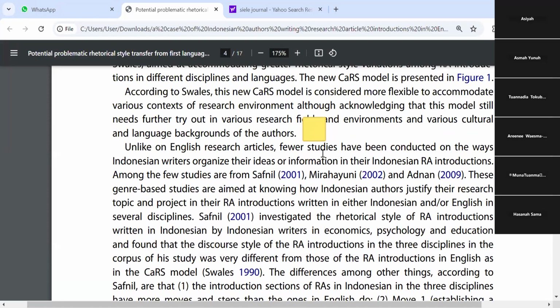Unlike in English literature articles, fewer studies have been conducted with Indonesian. So this is also based on the country. These studies were all conducted in Indonesia, by Mira Hayuni, by Adnan.